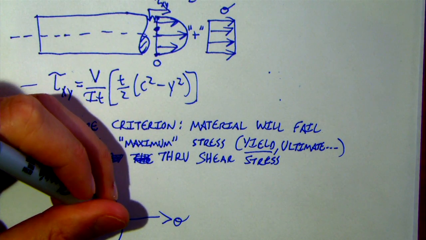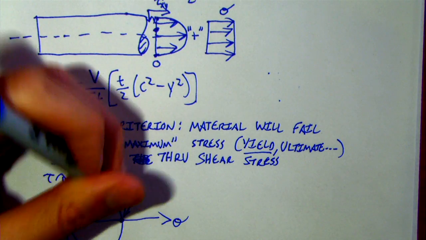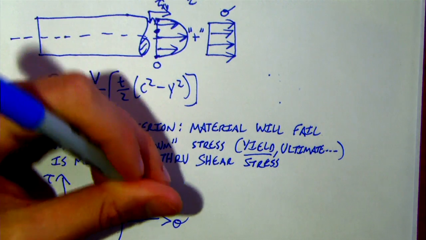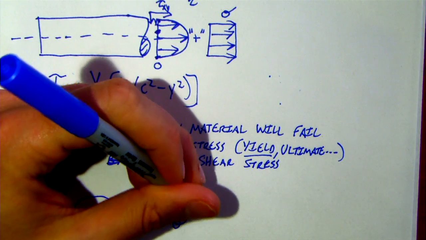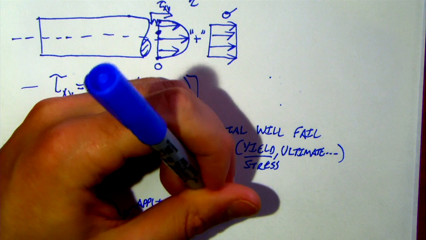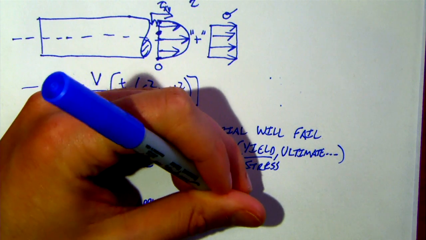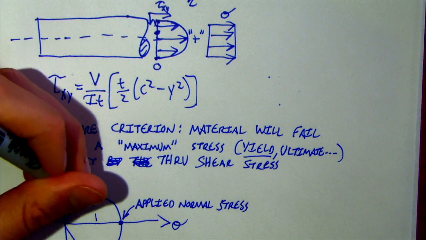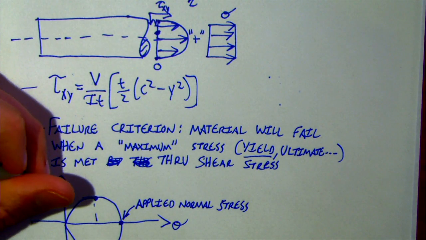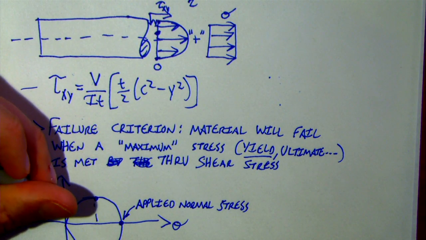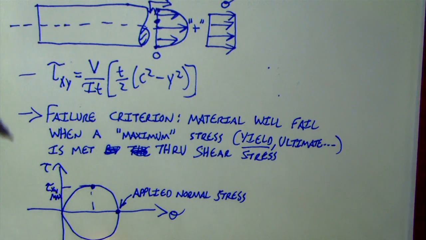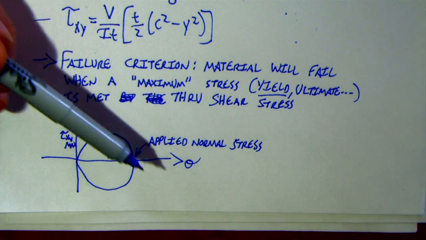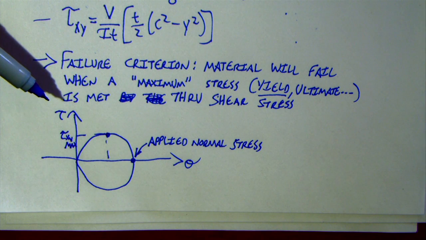And even if something's in pure tension, so that dot there is our applied normal stress, with some rotation of that stress cube it is going to experience a shear stress.